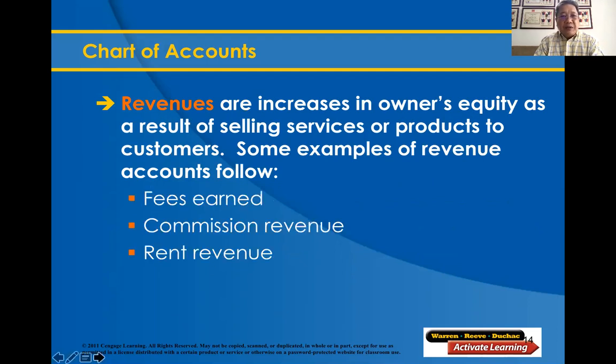Ano examples ng revenue? Fees earned, commissions revenue, rent revenue. Meron kang building, pinaupahan mo, ikaw ang nagpapaupa, hindi ikaw naupa. So, pag ikaw nagpapaupa, revenue mo yon, kita mo yon, income mo yon.